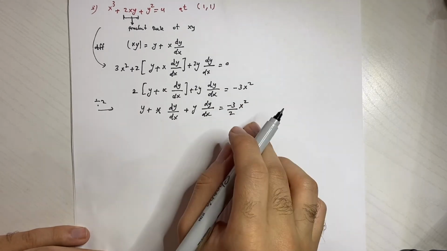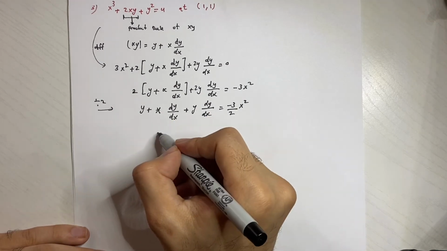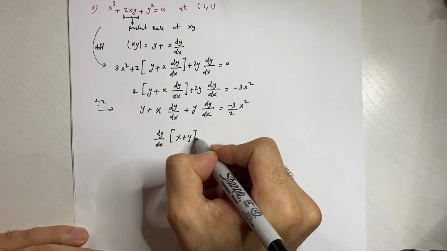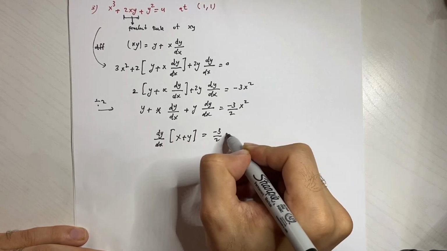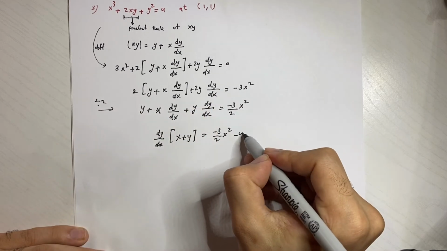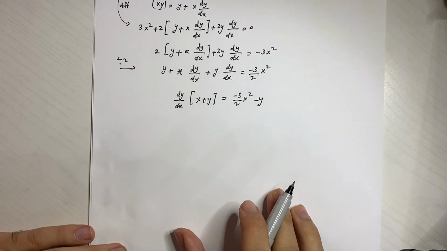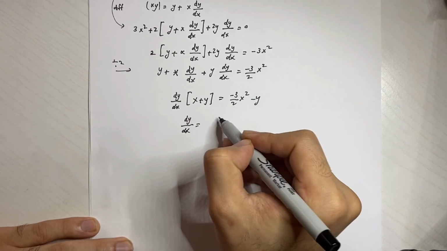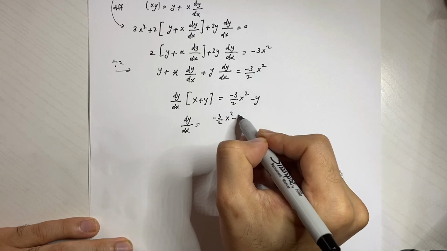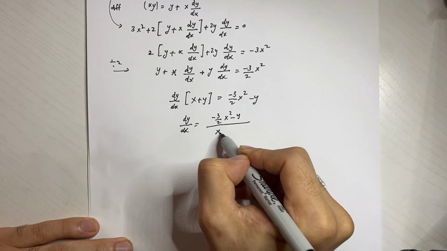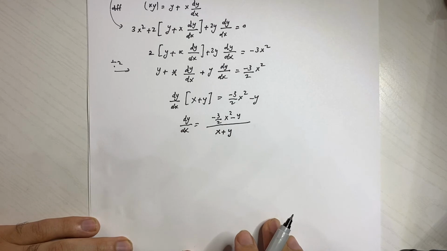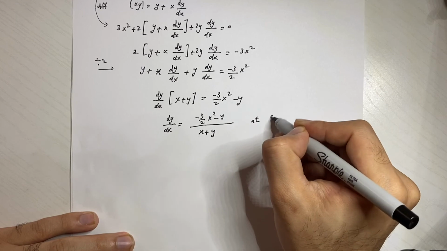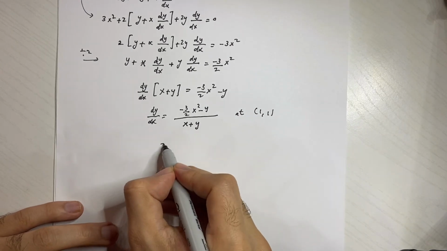Now we can move the first term y to the other side, and then we can factor dy/dx. Now we just divide by what's in front of dy/dx, and that gives us dy/dx.